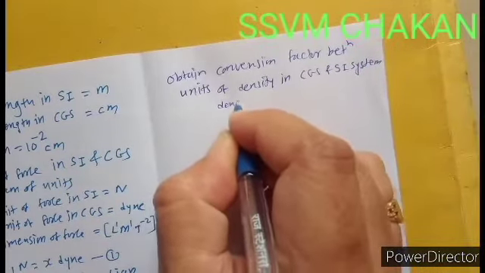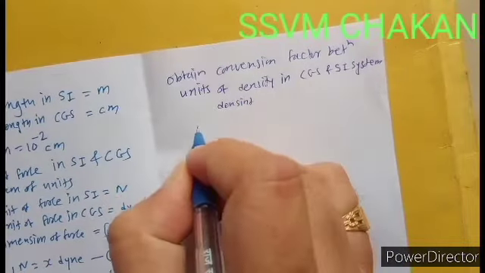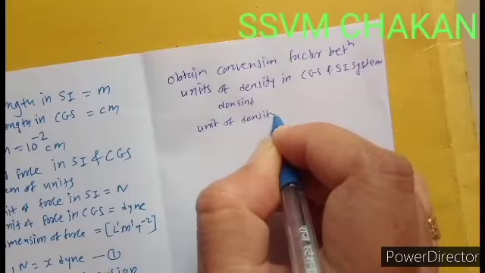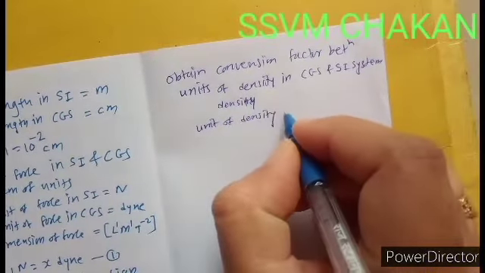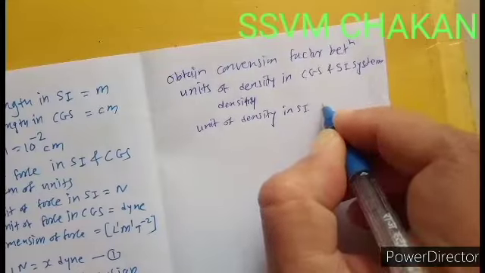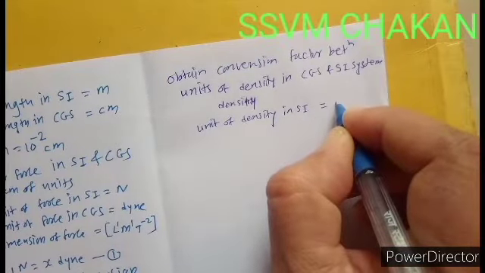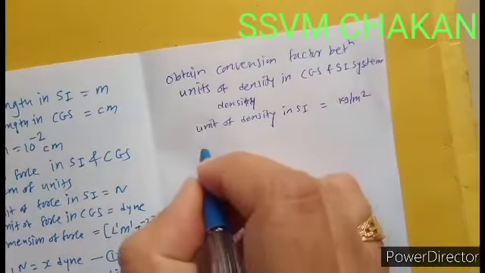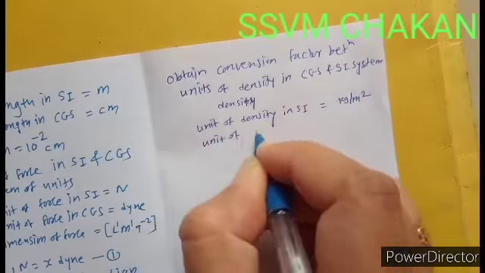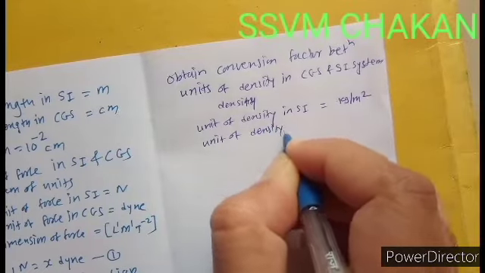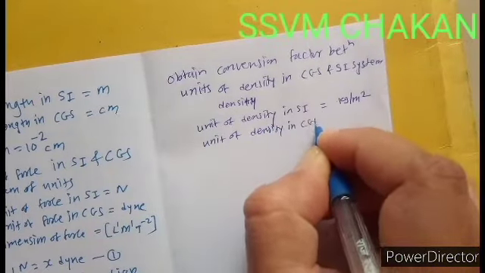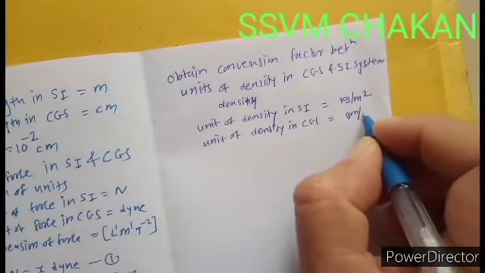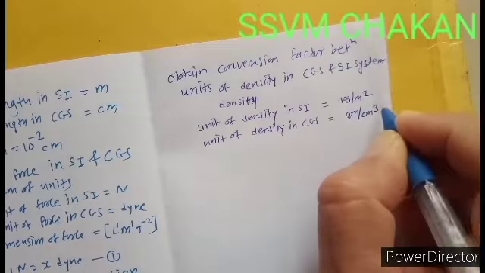So the unit of density in SI system is kg per meter cube. The unit of density in CGS system is gram per cm cube.